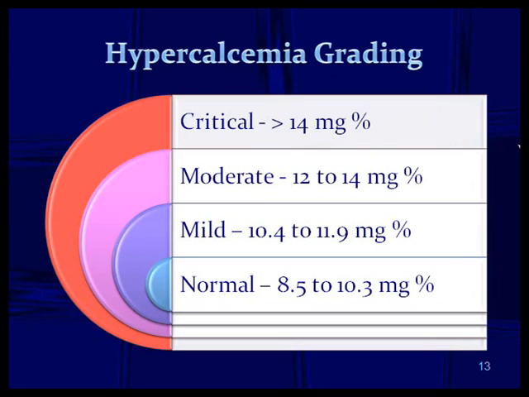So, these are the 3 different grades of hypercalcemia: mild hypercalcemia 10.4 to 11.9, moderate hypercalcemia 12 to 14 milligrams percent, more than 14 milligrams critical hypercalcemia. Remember, all these values are adjusted to the albumin level using the correction formula which we have already discussed.